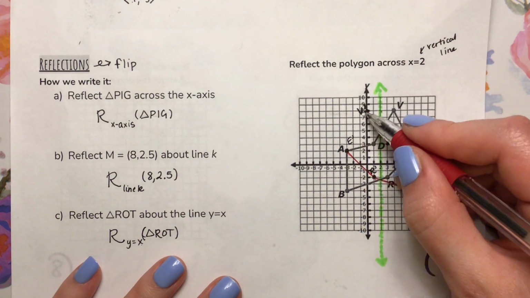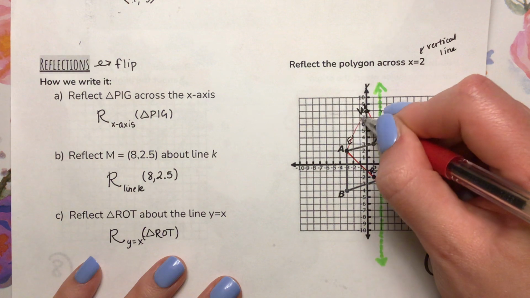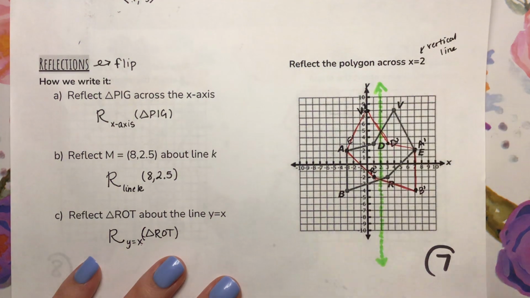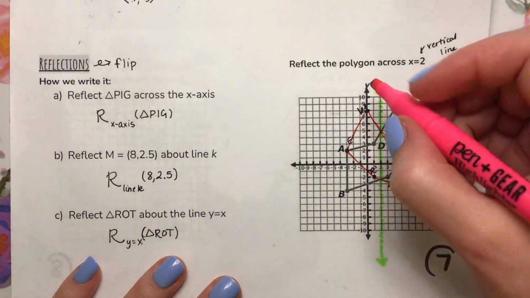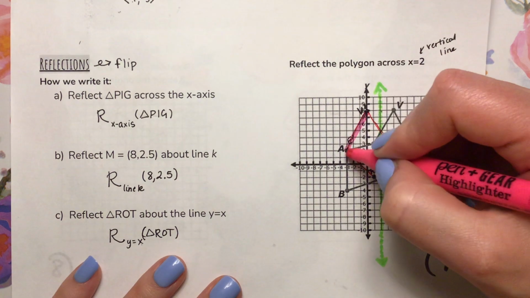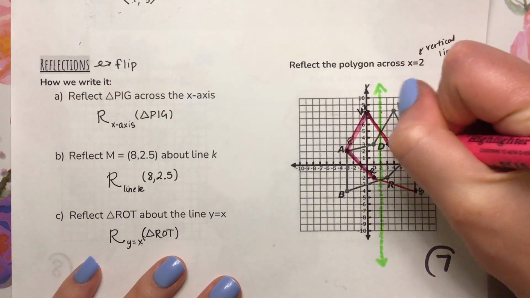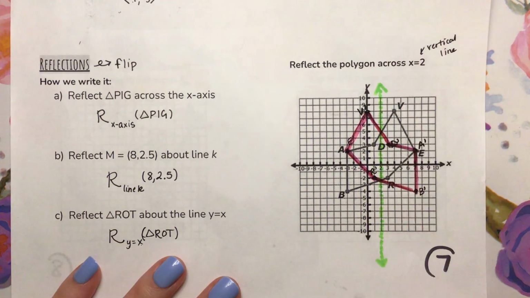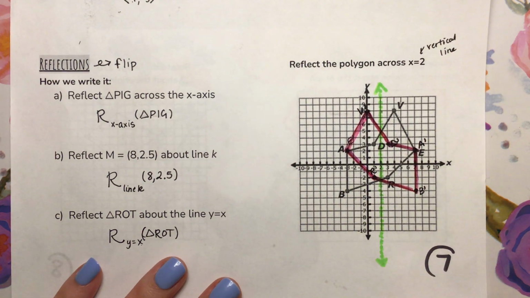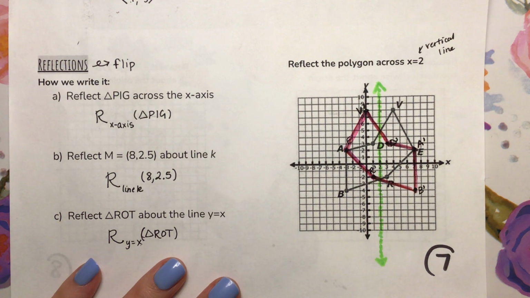And then E prime is coming back up here to V prime. So let me highlight that in this pink marker so you can see it just a little bit better. So that pink image is the image of this problem, while the gray one is the pre-image.